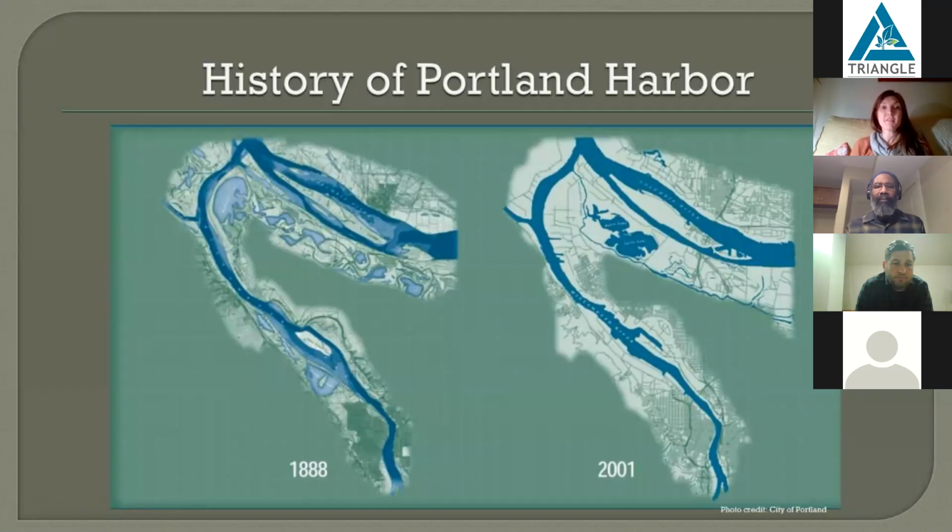A very different mix of habitat types and a different type of river than what we see nowadays, which is a really channelized, deepened and dredged single thread of the Willamette River that moves through downtown Portland. Thinking of these historic habitat types and the natural resources that depend on them, these are some of the things that we keep in mind as we're planning and implementing habitat restoration in the lower Willamette.